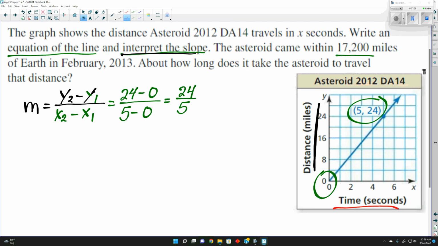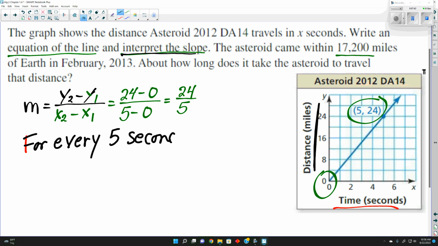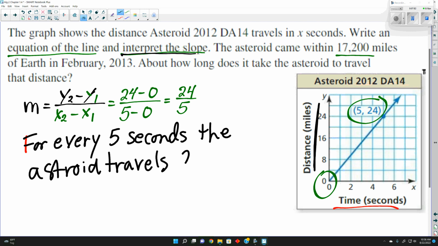So what this is telling us, 24 over 5, is that for every 5 seconds, the asteroid travels 24 miles.